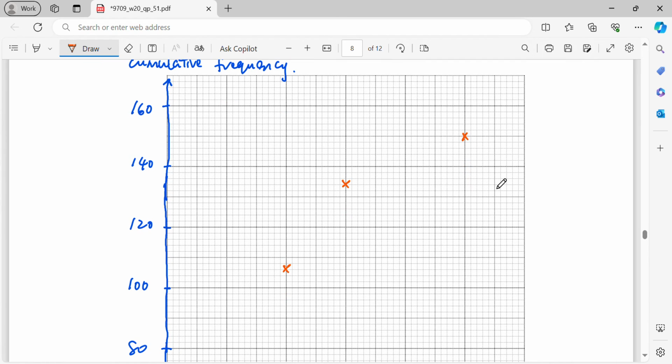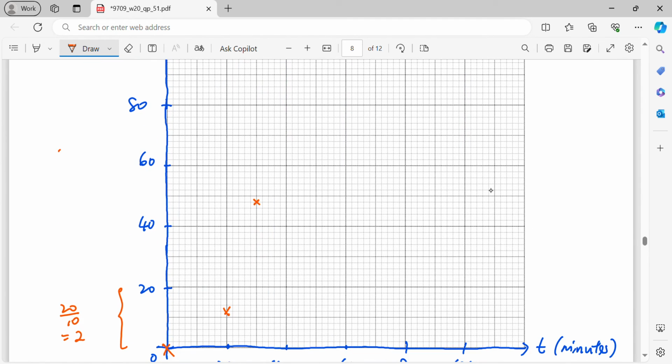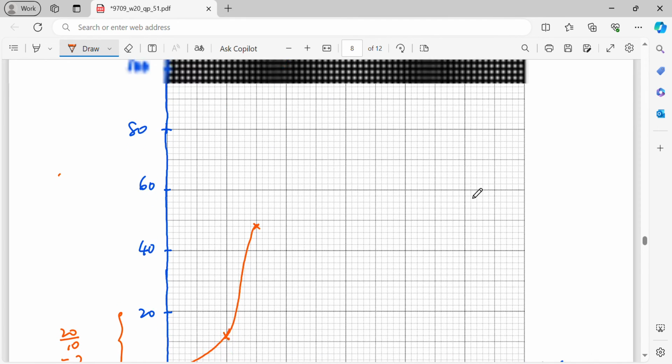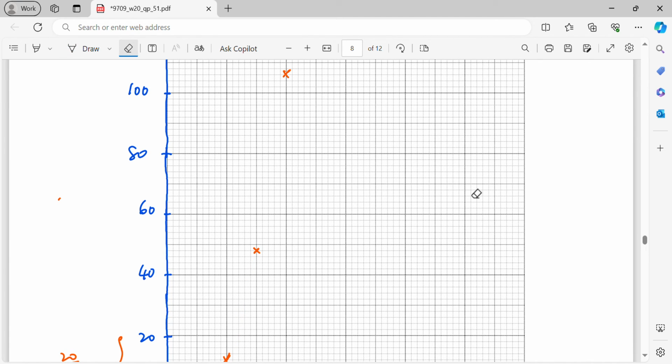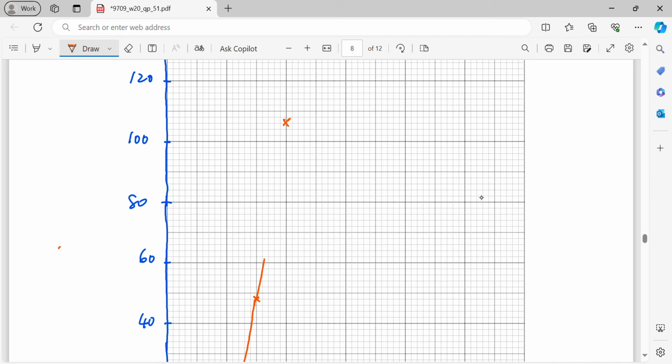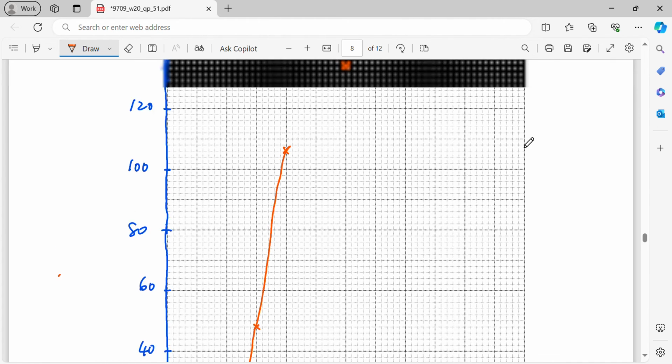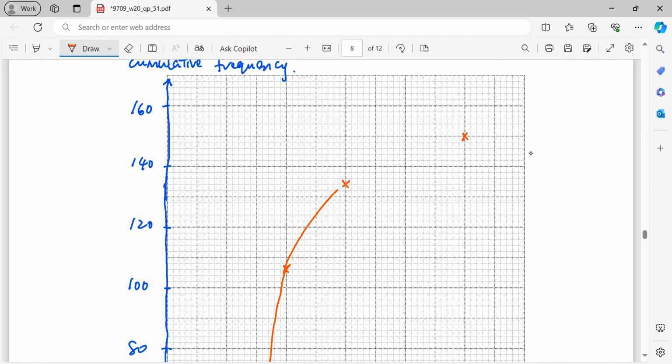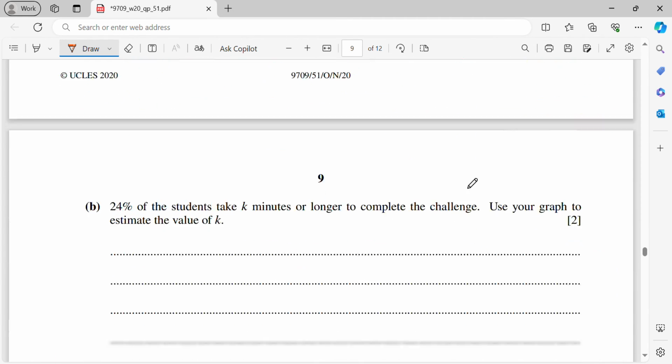Okay, so now join all the points here to get a smooth curve. Okay, so this is the graph. So done for this part.